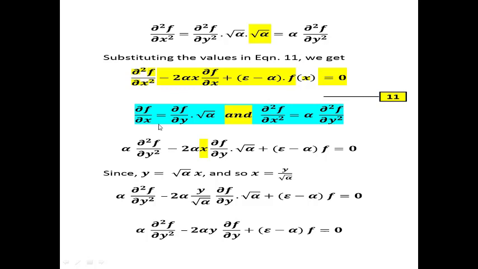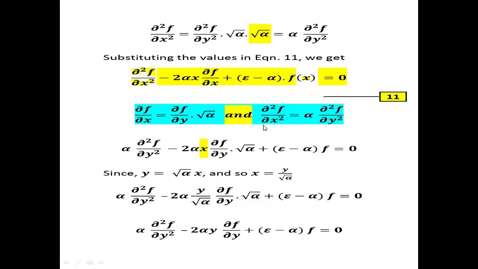Likewise, I can easily replace the term dou f by dou x as we derived it. So while substituting the values for dou squared f by dou x squared and dou f by dou x, which we got from the differentiation of the new wave function, you can get the term like this.